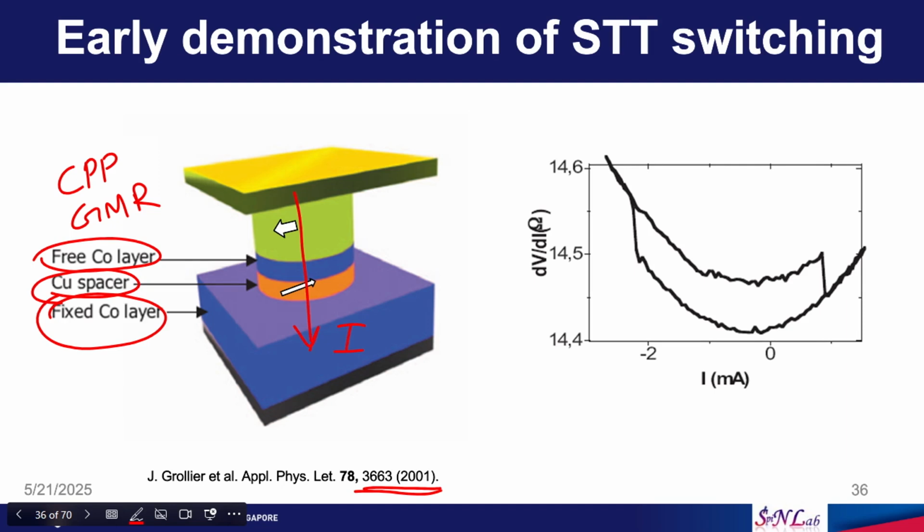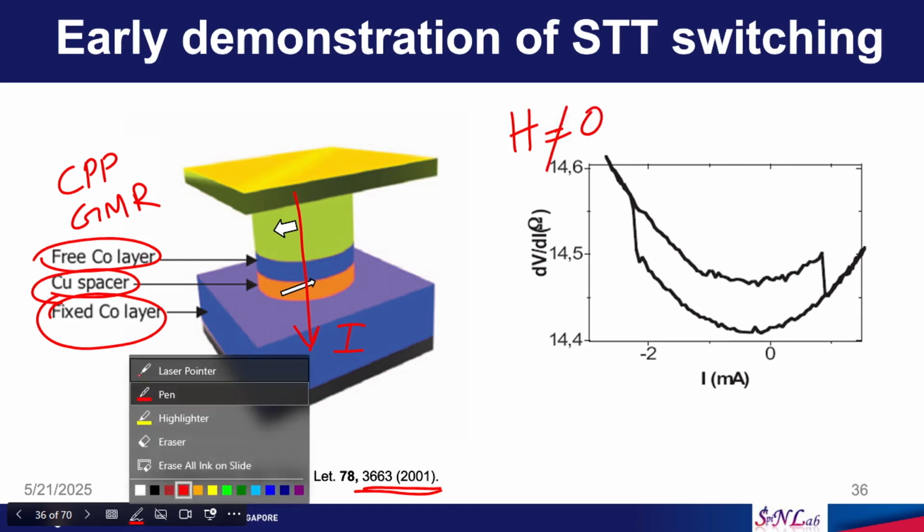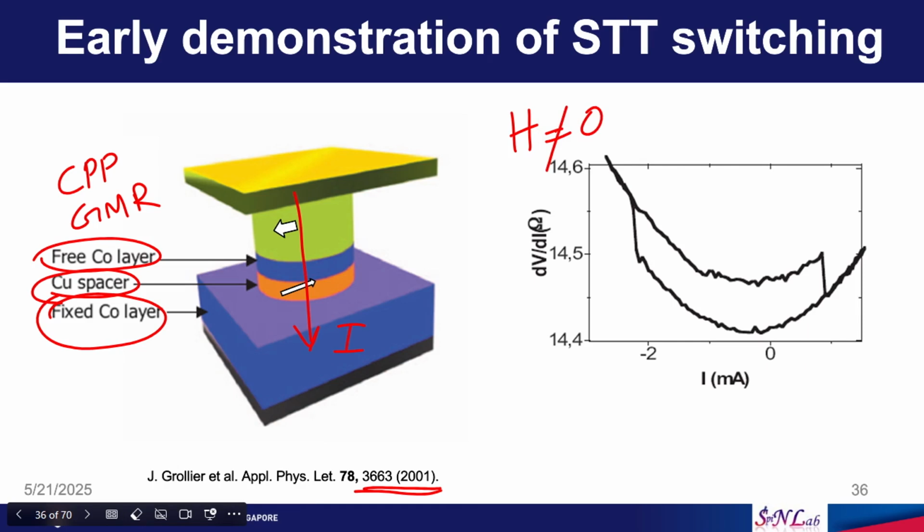So, if you look at this graph, there is no magnetic field, and you only see the current on the x axis and resistance here.